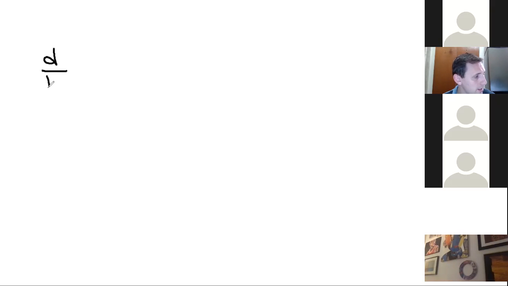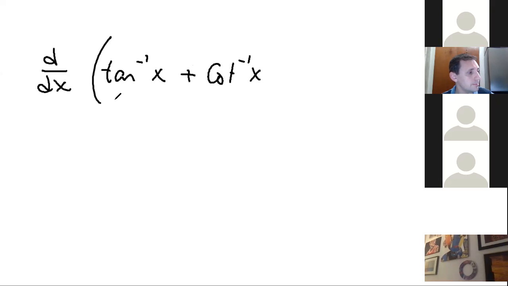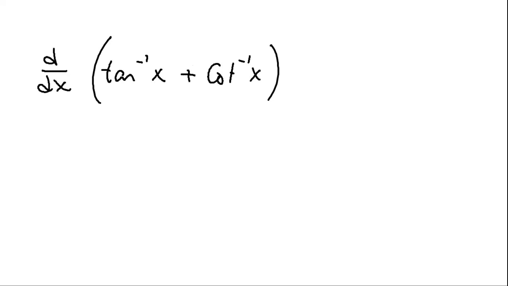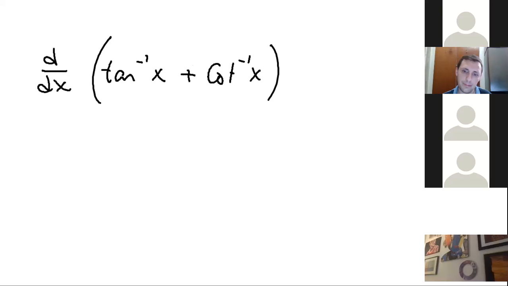What is the derivative of tangent inverse x plus cotangent inverse of x? And see if you can do it very simply. So what is that equal to? Write in the comments, please.